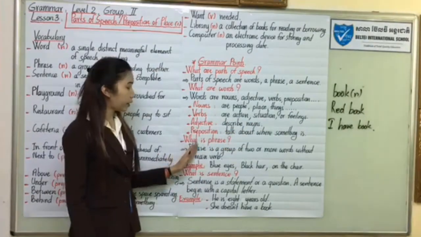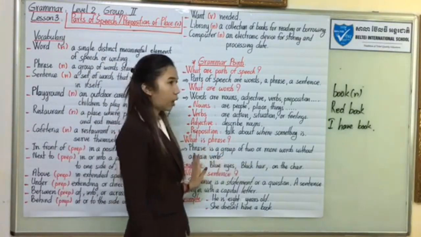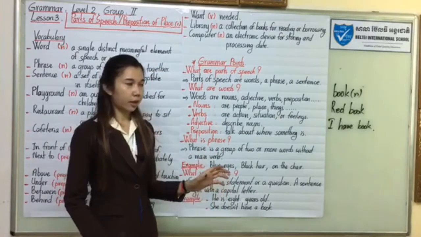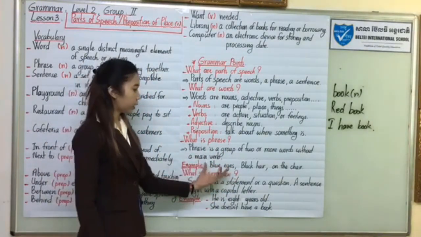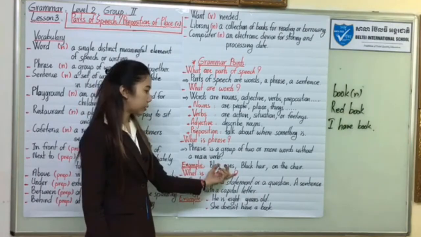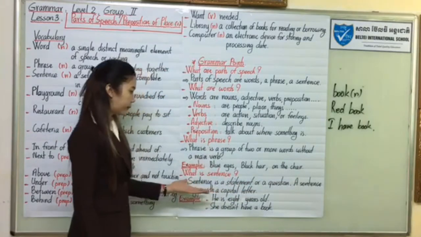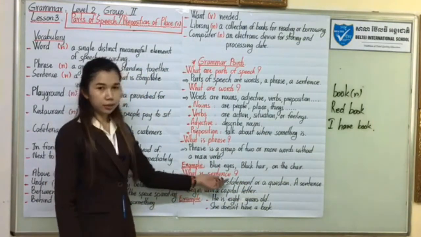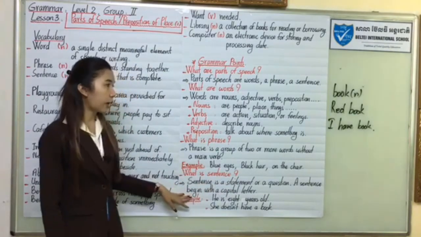We move to what is a phrase. A phrase is a group of two or more words without a main verb. You can know something about it, but not enough. For example, blue eye. You can know it, blue eye, but not enough like a sentence. Black hair on the chair. What is on the chair? We don't know well. And what is a sentence? A sentence is a statement or a question. A sentence begins with a capital letter.